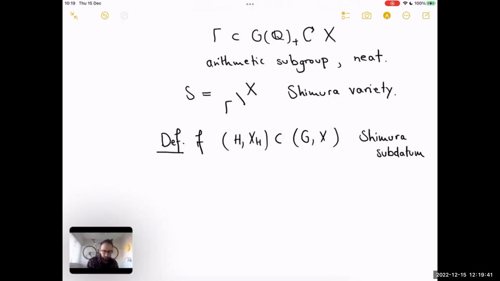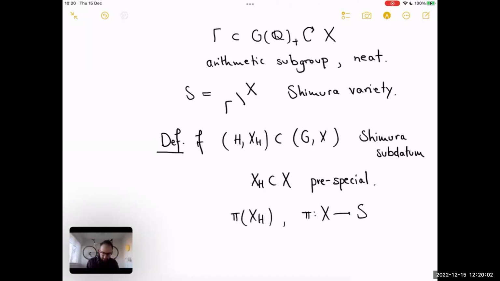If I have one of those, then I call this space X_H a pre-special subvariety of X, and its image under this uniformization map from X to S, those are the objects that I call special subvarieties, or Shimura subvarieties, if you like.